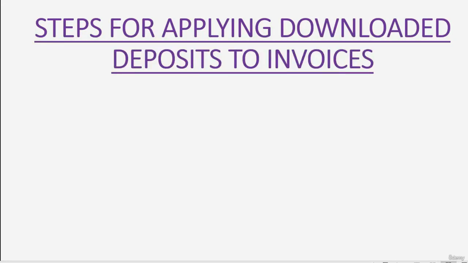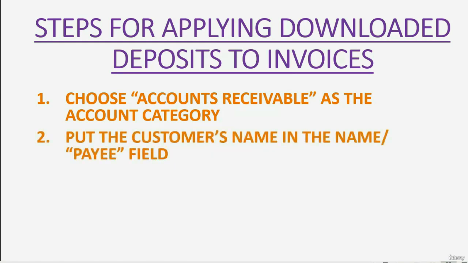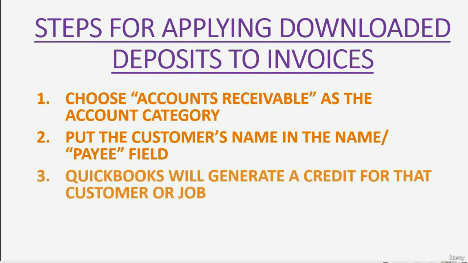So what are the steps for applying downloaded deposits to open invoices? Well, first, when you record it from the Bank Feed Center, the account category that you choose is Accounts Receivable. Then you put the customer's name in the Payee field, which is really the name field.